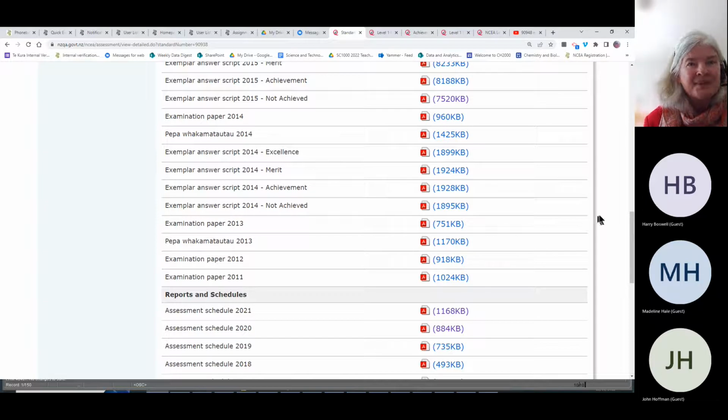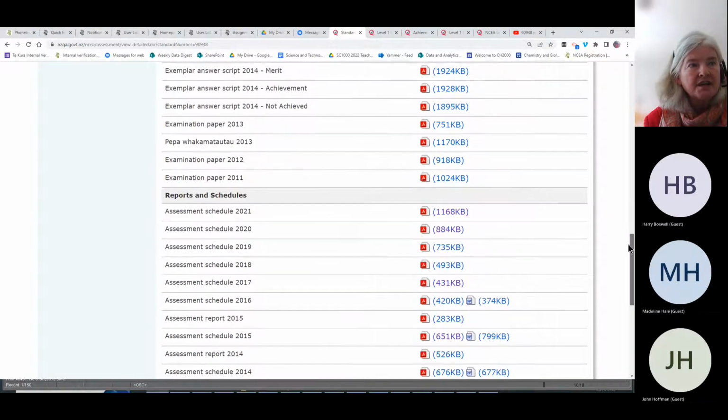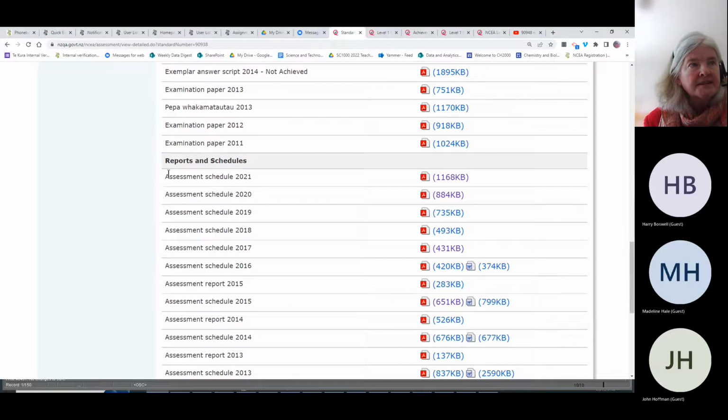Okay. And if you scroll further down, you can see the assessment schedules. So you can check your answers, or you can ask your teacher whether they can mark your work for you, because sometimes you might be a bit unsure whether your wording would have been acceptable for an examiner.